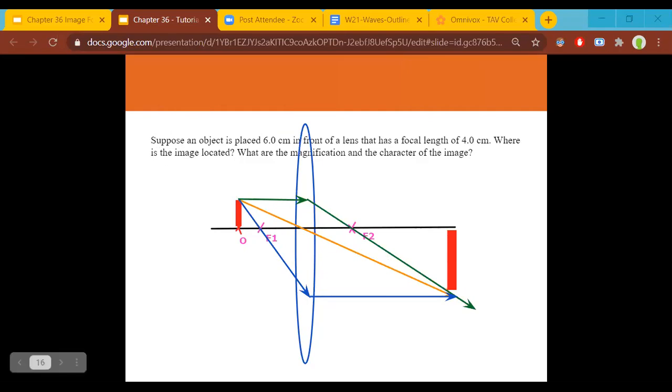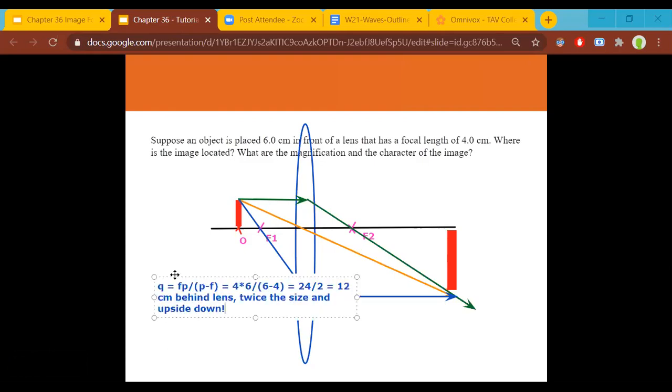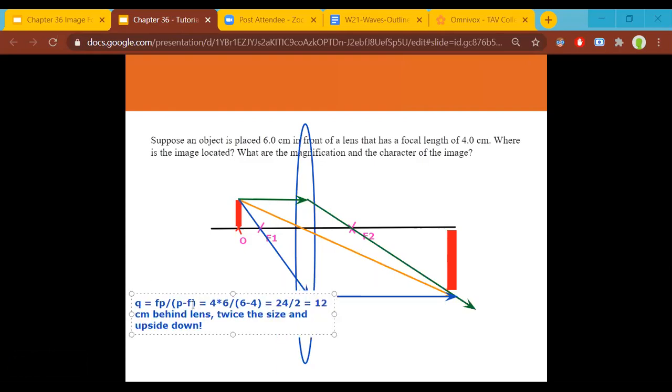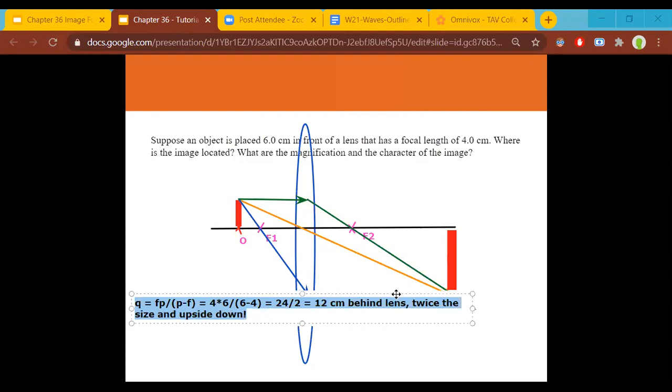If you go ahead and do the math, if you use the lens formula, what you end up with is an image distance that's equal to 12 centimeters.